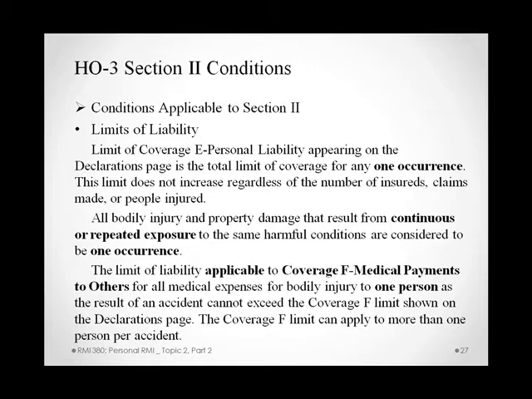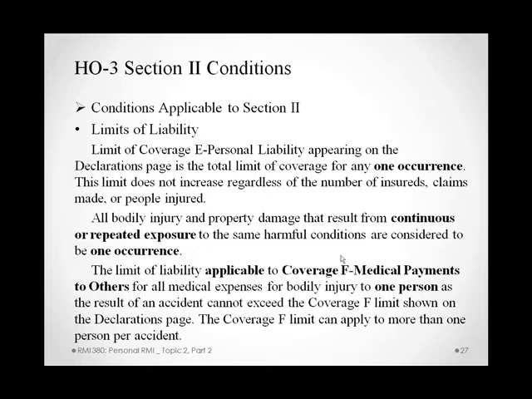However, Coverage F, medical payments to others, is defined a little bit differently. One limit is applied to one person instead of one occurrence. Normally, if two people become ill or injured at the same event, it will be considered as one occurrence.